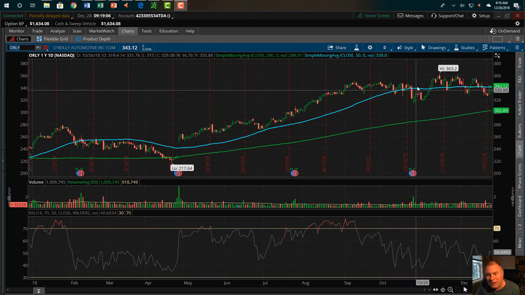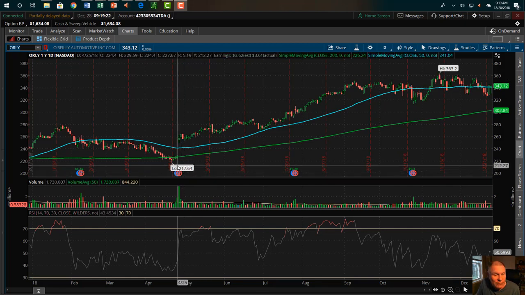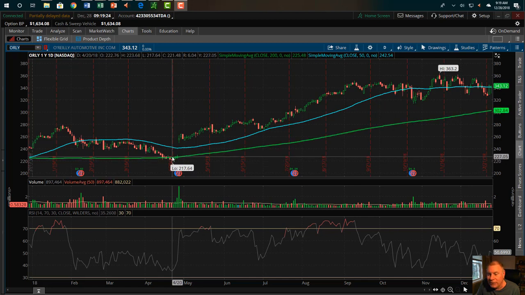Now, what we've seen in the financial markets overall is that this has been a very rough period of time. In the past year, the high was right here on 11/14 when it hit 363.2. The low was 217 when it hit on 4/20 of this year. So there's been a lot of movement.